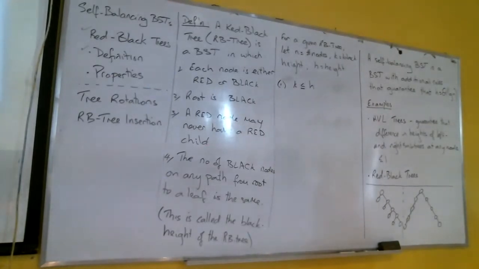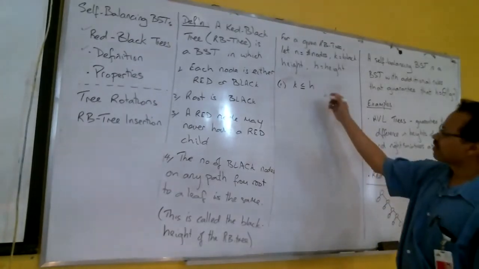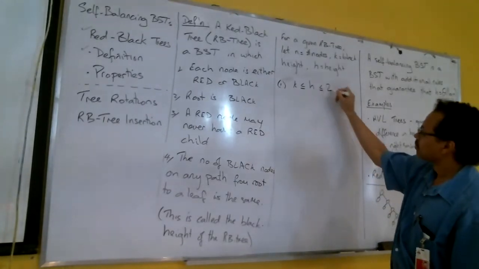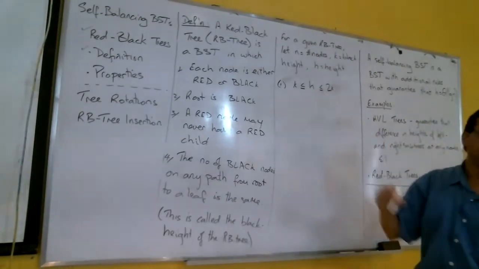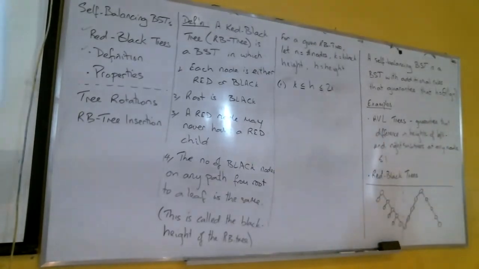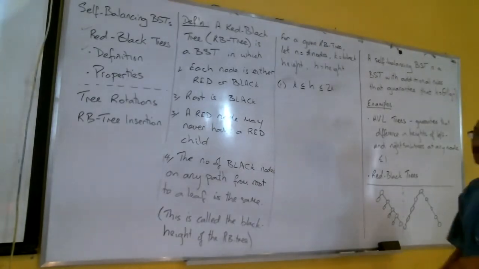Make sense? So at worst, for every black node, there could be a red node, which would then send the height up to 2 times the black height. That make sense? Great. All right, so that's one important property.